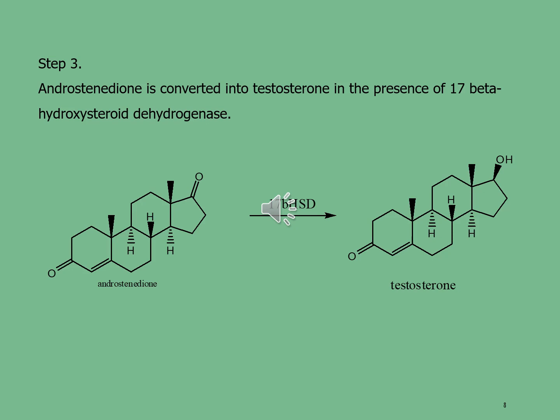But the carbonyl group which was present at carbon 17 position is converted into a hydroxyl group as beta. So the difference between testosterone and androstenedione is just the presence of a hydroxyl group at carbon 17 position in testosterone as compared to a carbonyl group at 17 position in androstenedione. So this is the general method for the synthesis of testosterone.